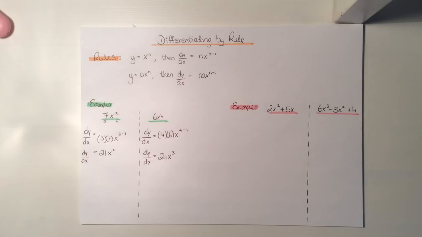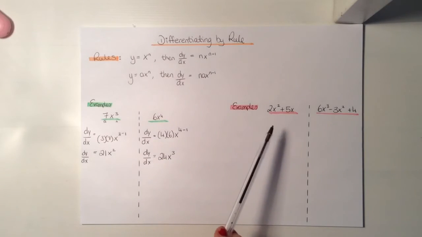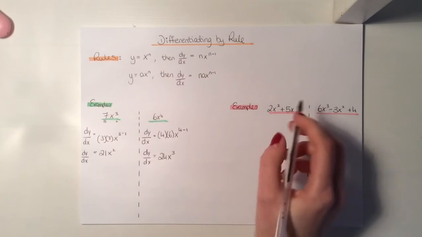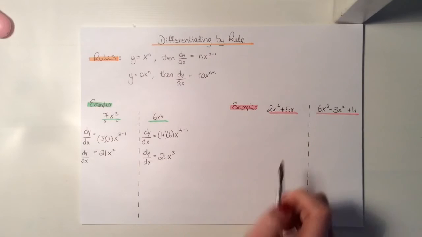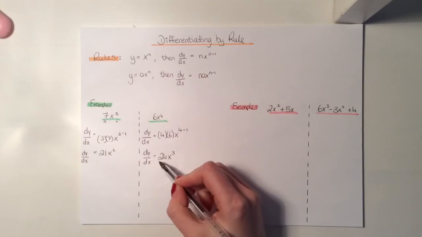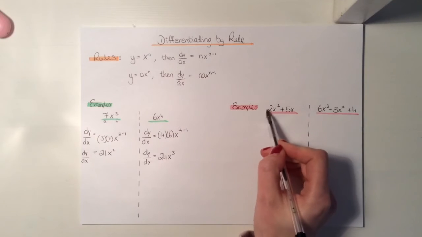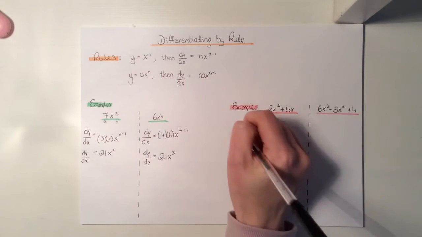And that's differentiation. Now if we have a look at when you've got more than one term, we've got 2x squared plus 5x. Seeing as what we're doing over here, you're going to say 2, bring it down to the front, 2 times 2x, and take away 1 from your power.